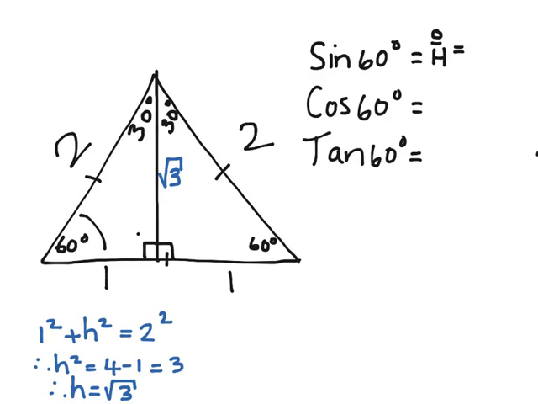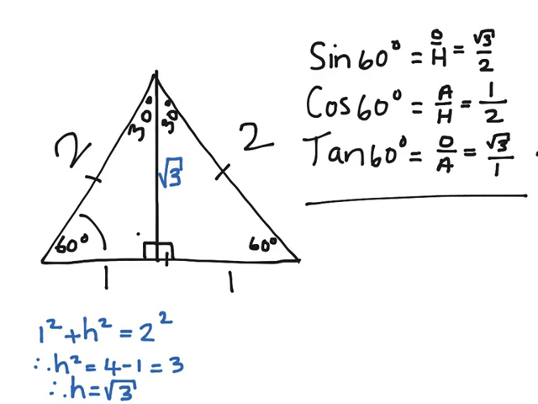So in this case, opposite is square root of 3 over 2. Square root of 3 over 1, which is equal to square root of 3. Now you can do it quickly and tell me the answers.